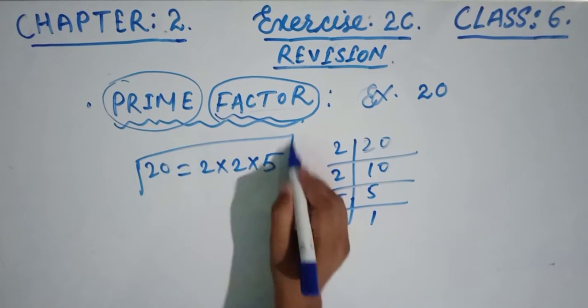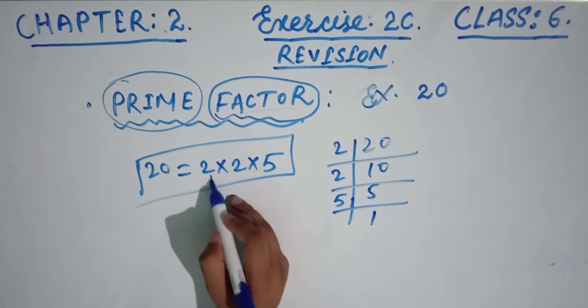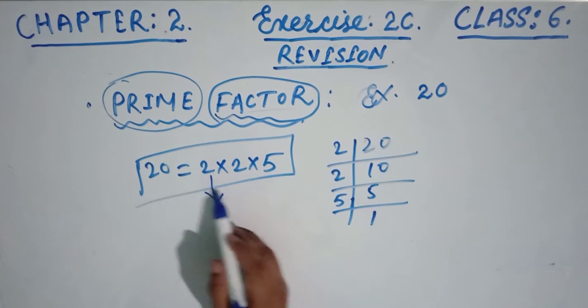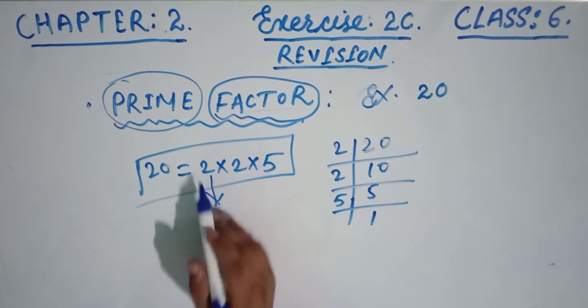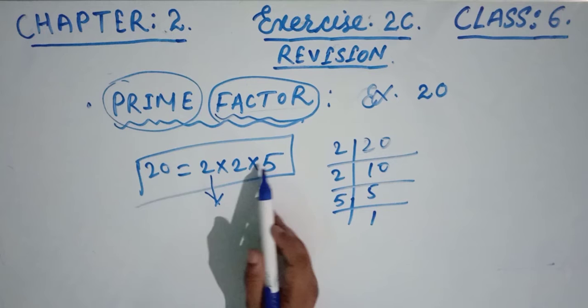This is the prime factorization, because every number here, 2, 2 and 5, is a prime number. So the prime factors of 20 are 2 multiplied by 2 multiplied by 5.